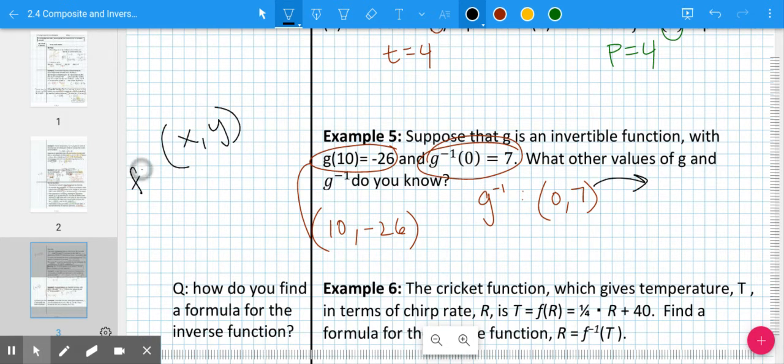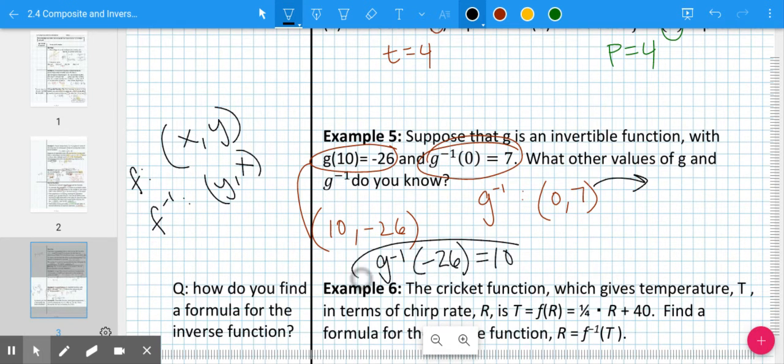So on a function, I have the point (x, y). On its inverse, I have the opposite point, (y, x). So if g has the point (10, -26), then we know that g inverse has the point (-26, 10). So I can reverse this statement to get a new g or g inverse statement. Go ahead and reverse the g inverse of 0 equals 7 statement and type that in.